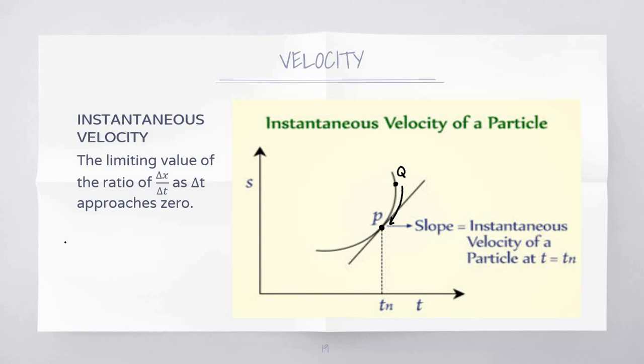So to solve for instantaneous velocity, this will become the limit of delta x over delta t as delta t approaches 0. And as we all know, in mathematics, we don't want a 0 value in our denominator, because it will give us an answer that does not really exist at all.